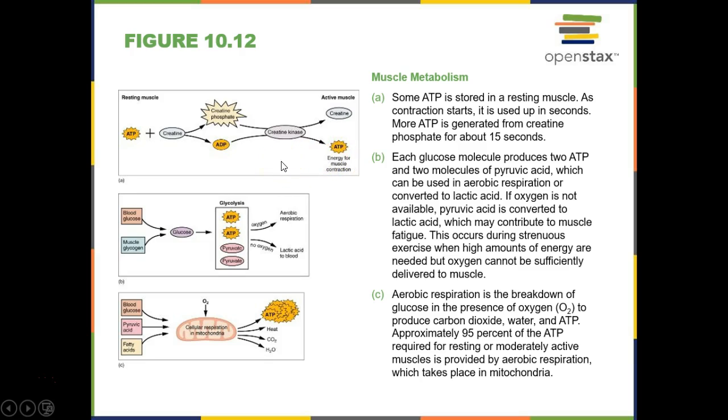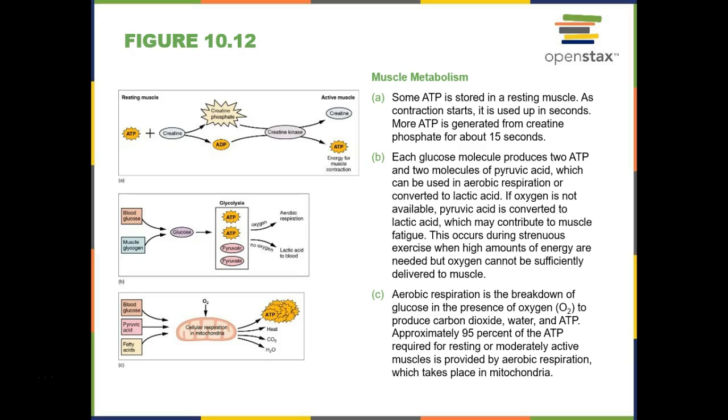When we have a lot of ATP built up in our cells that we're not using, creatine will take the active phosphate away from the ATP, producing ADP, which can be stored a lot easier in our cells, and producing that high energy creatine phosphate, which is also able to be stored in our cells.